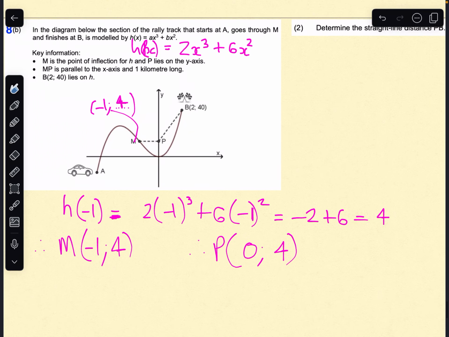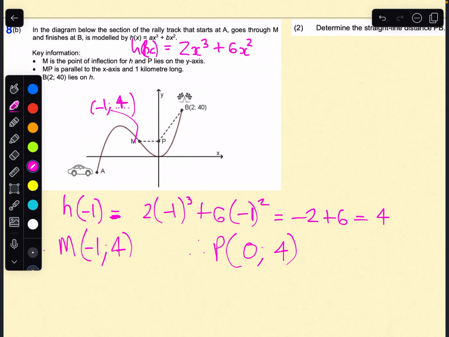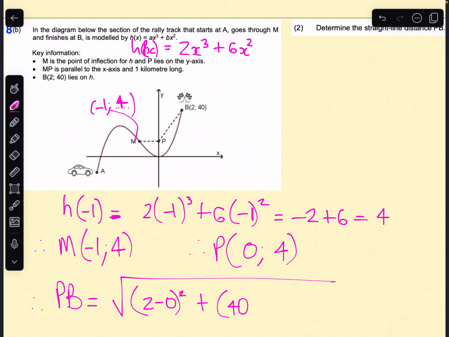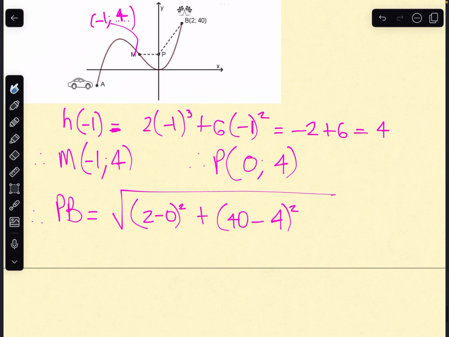And so the straight line distance PB will be the square root of the difference between the x's squared plus the difference between the y's squared. 2 squared is 4, 36 squared, what one more thing? 6 times 6 times 36, 216 times 6 is 1696, I think.